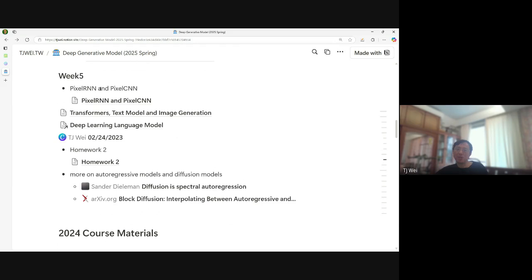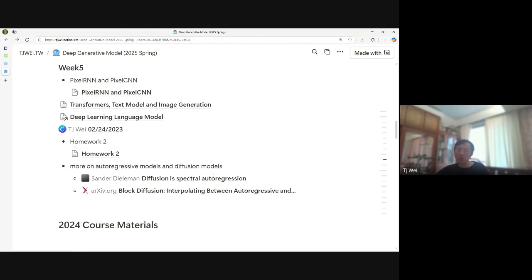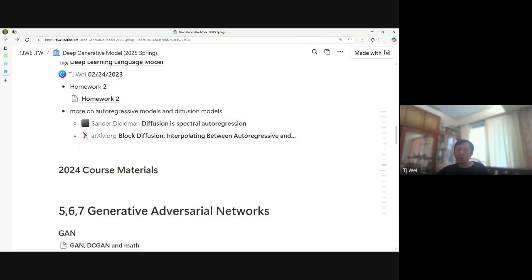Although intuitively the autoregressive model should be used on linear-order sequential data, as you can see, with some modification, we can apply it to two-dimensional data as well. So here are more examples, mostly related to diffusion models.